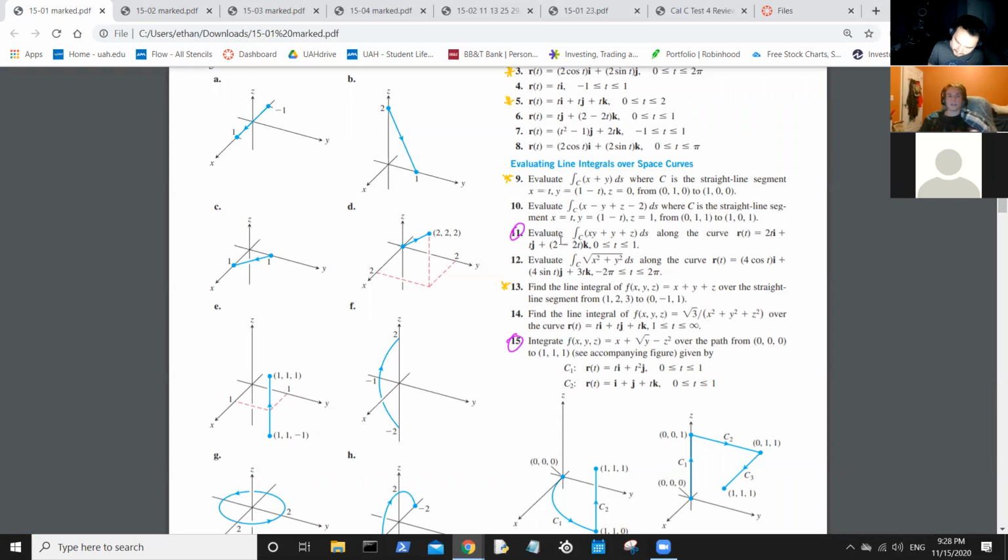Yeah, mine just spits out a negative, which is probably negative 1/6 as well. Yep, that is in fact negative 1/6. So there's some misconception somewhere.